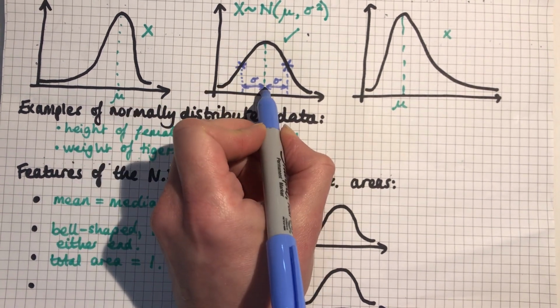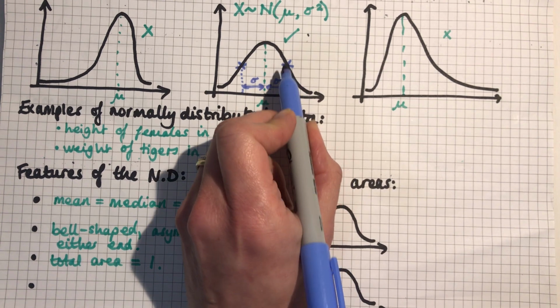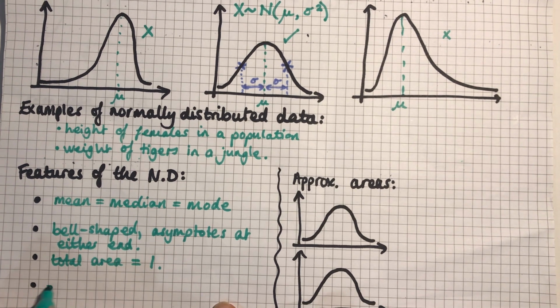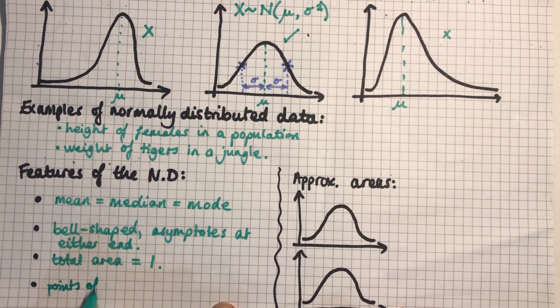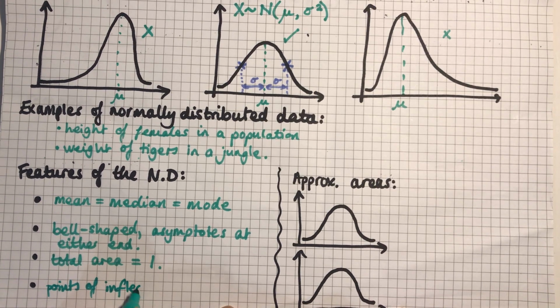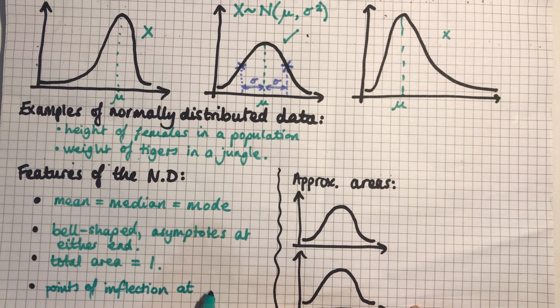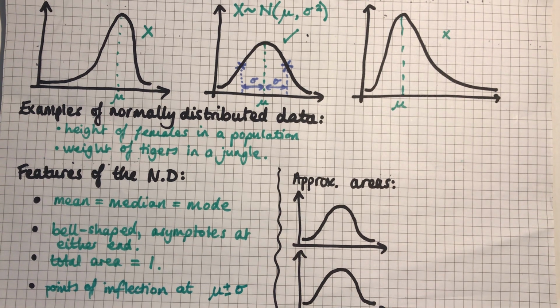You then take the mean and you add the standard deviation to find where this point of inflection is. So let's make a note of that explicitly: the points of inflection are at the mean plus or minus one standard deviation.